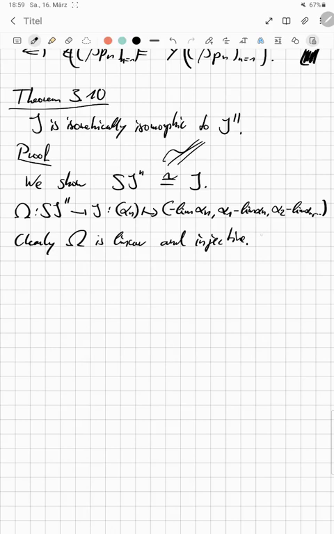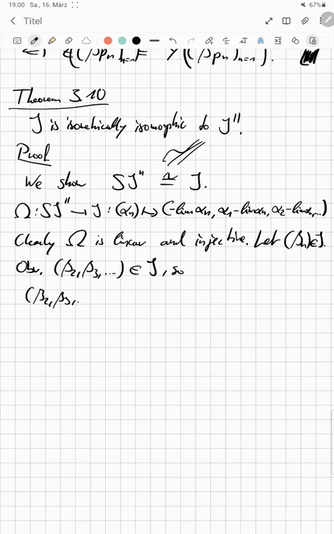Now, to show that it is surjective, we let beta_n be an element in J. Obviously, beta_2, beta_3, and on, so we just drop the first element, is also in James space. So also (beta_2, beta_3, and on) minus beta_1 times E_0 is an element of S_J''. And this is because this is just the basis vectors, it's just linear combinations of vectors.